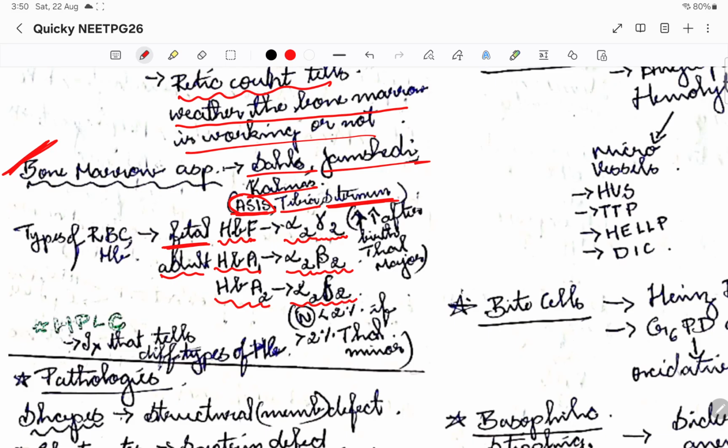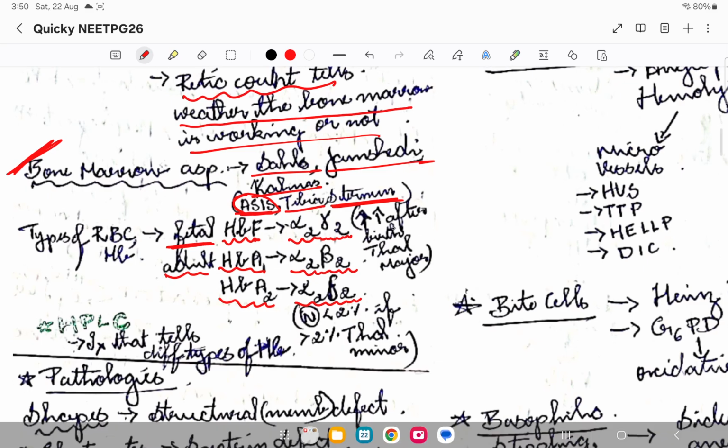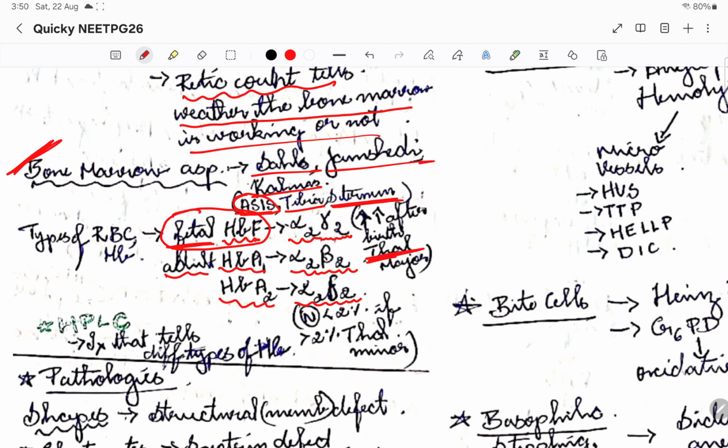I am telling you this because there is a pathology called thalassemia where all these things will be reduced or increased. When there is increased fetal HbF, it is called thalassemia major.